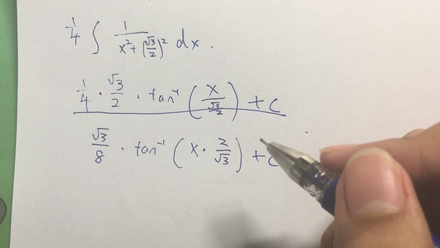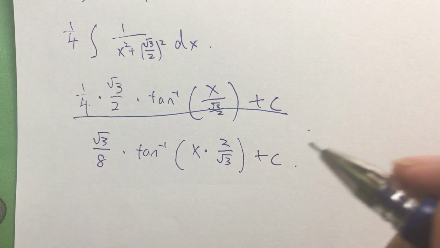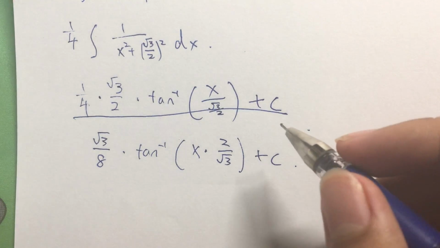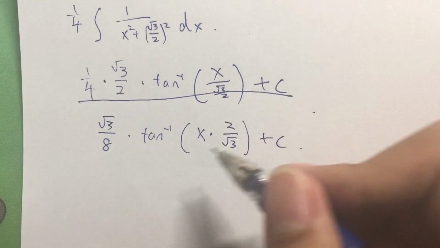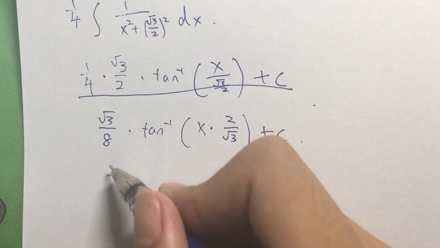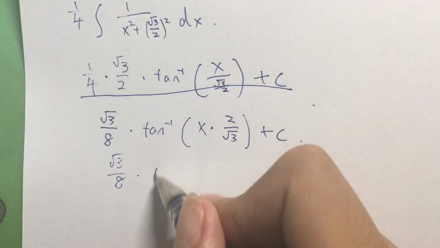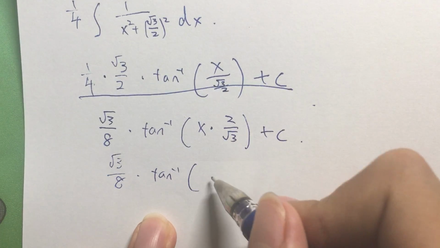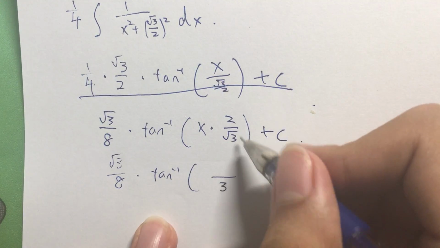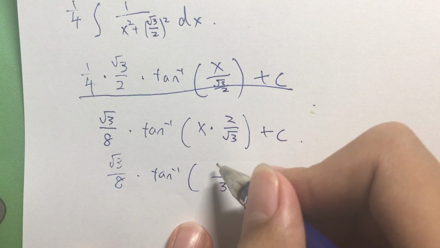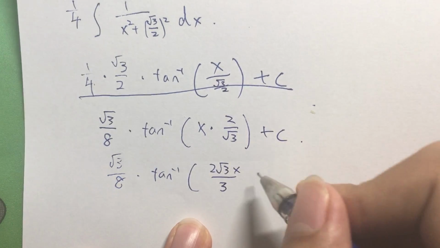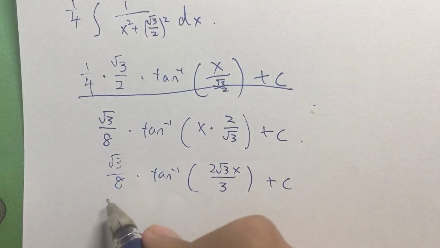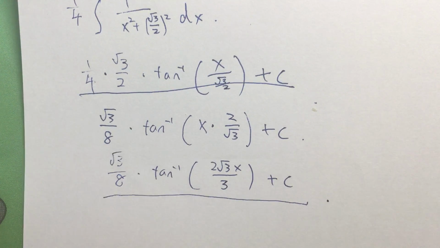Let's rationalize this, and we will have inverse tangent 2 square root 3 x over 3 plus c, and that is our answer.